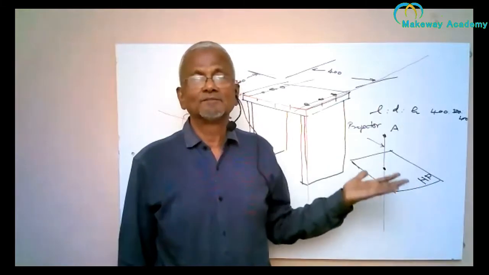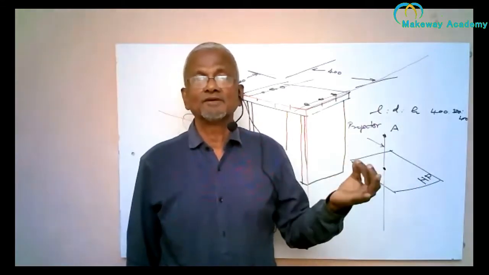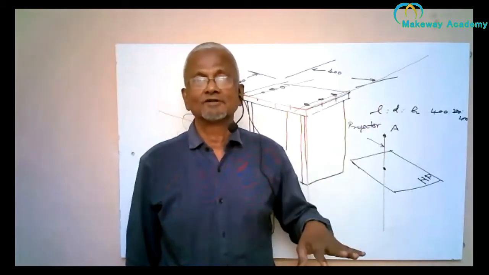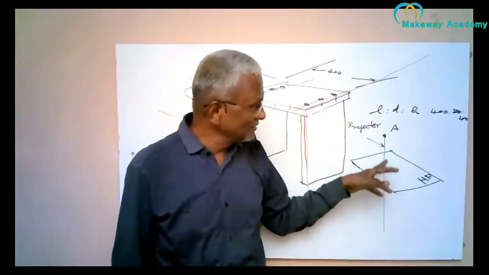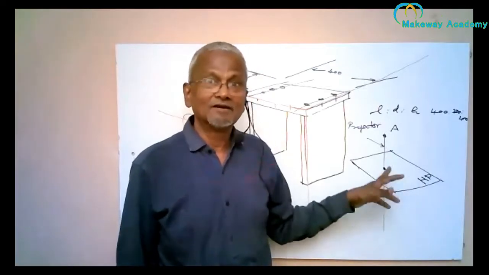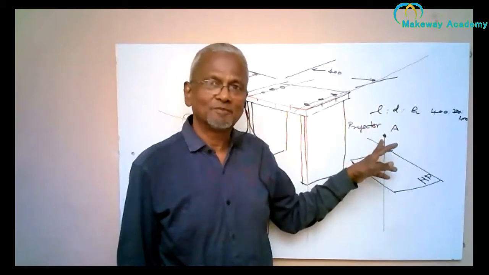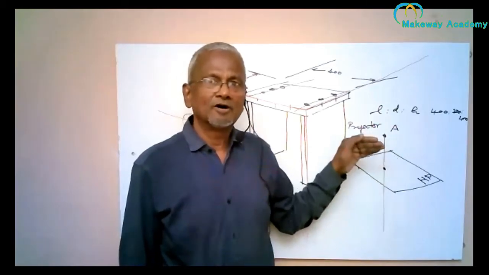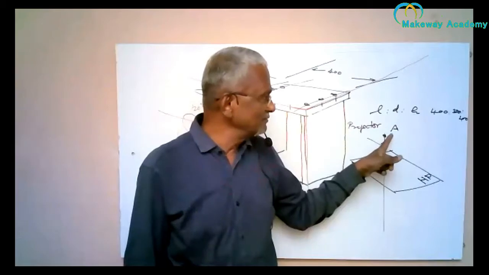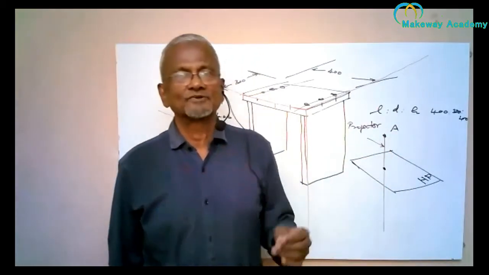In this example, I'm telling you how the point A, which is in space, is projected onto a horizontal plane. This plane is kept horizontal, so I call it a horizontal plane. This is point A, which is in space. Now, how do I project this point A to this plane? Very simple.